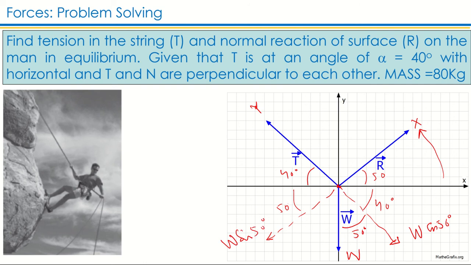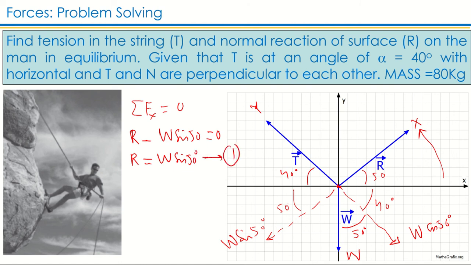Now sum of the forces along x equal to 0 means r minus w sine 50 equal to 0. So r is equal to w sine 50. Here just put the value of w, that is 80 into 9.81 sine 50, and you will get an answer for that.